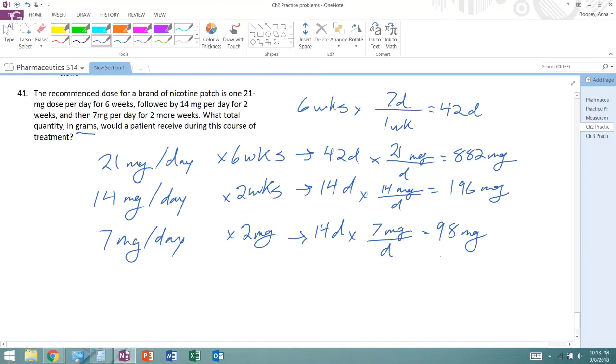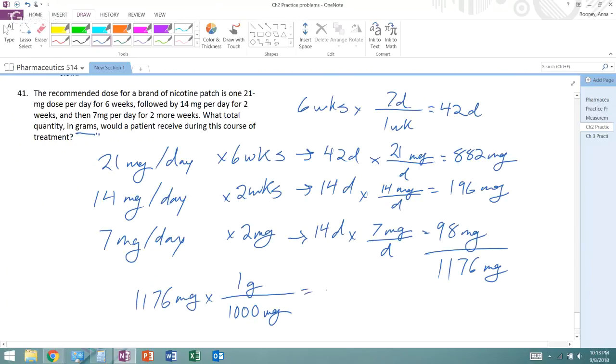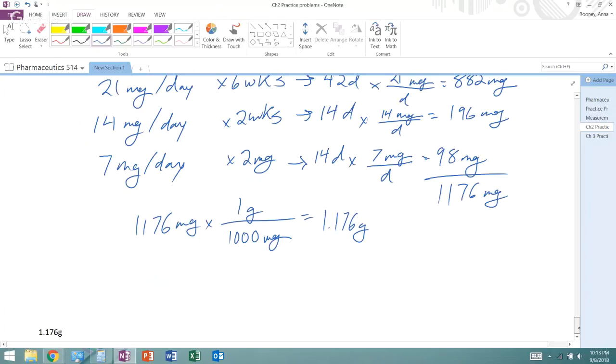All this added together is 1,176 milligrams. Now we have to take that and convert it as well. So there are 1,000 milligrams for every gram, because they asked us to find that up there. It would be 1.176 grams. Boom.